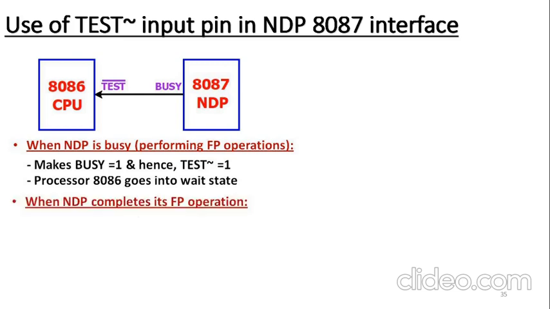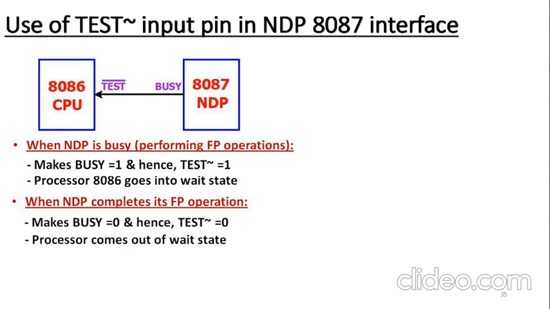Next, when that NDP completes its operation, floating point operation, then what happens here? NDP has completed operation, so that busy will be 0. It is no more busy. When busy is equal to 0, it makes test bar equal to 0. And whenever test bar is equal to 0, processor will come out of wait state.